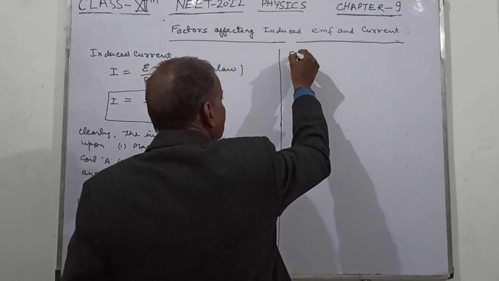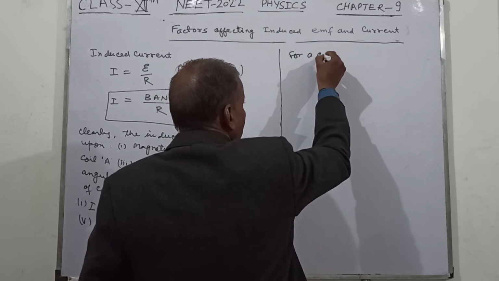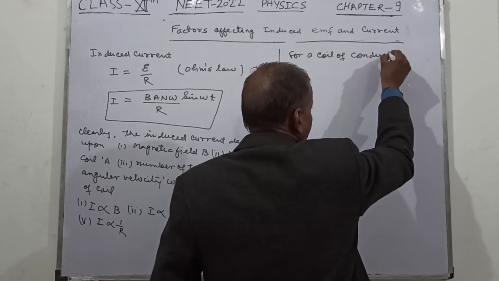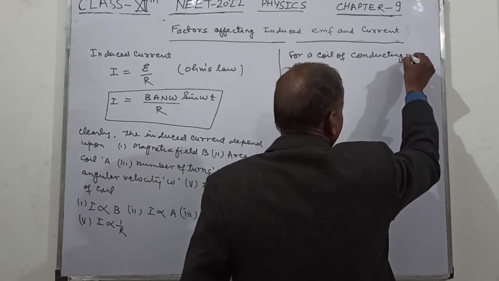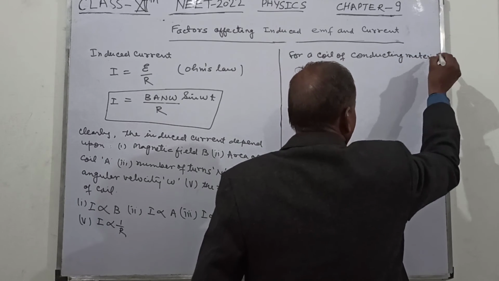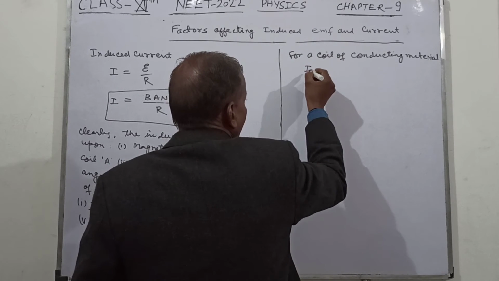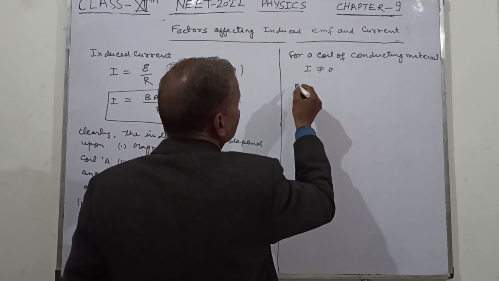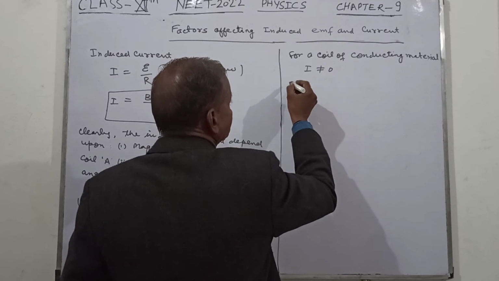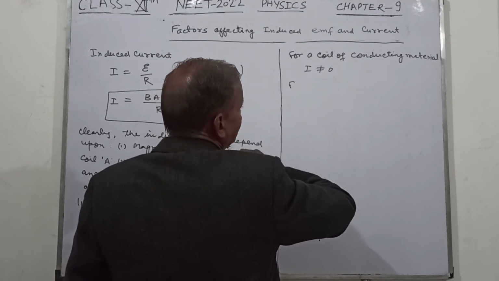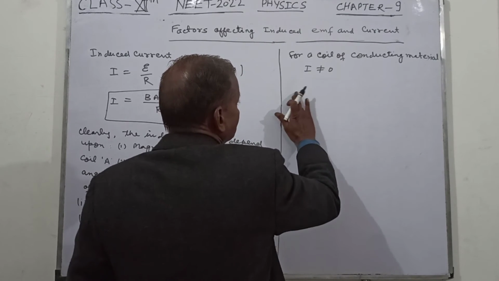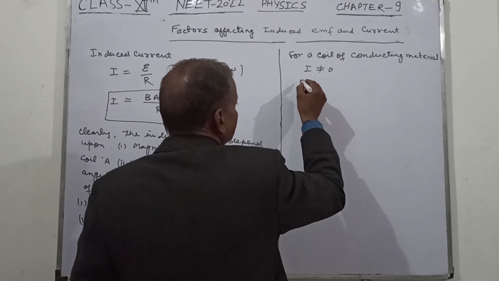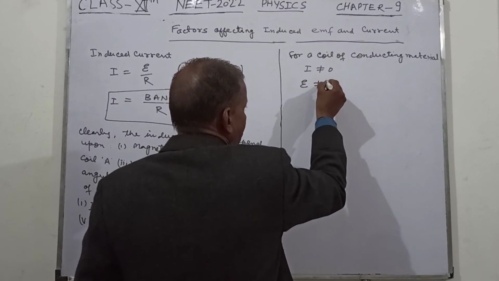So, for a coil of conducting material, I is not equal to 0, and induced EMF E is also not equal to 0.